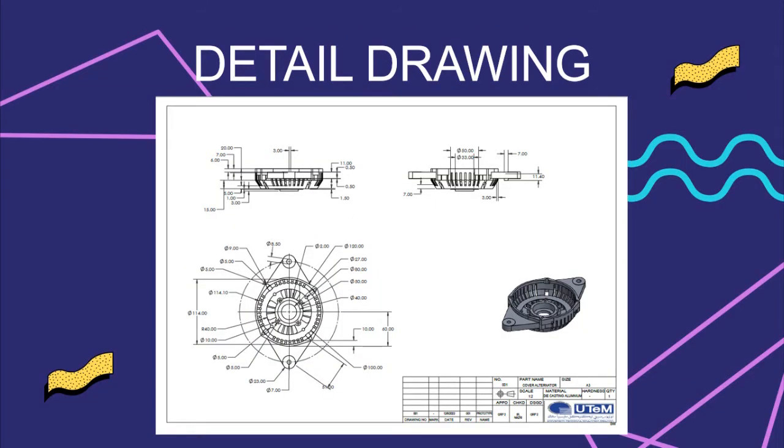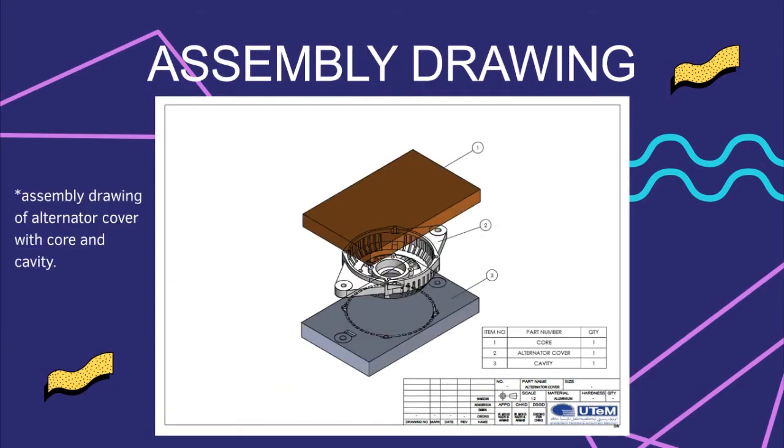These detailed drawings are based on the real part dimensions and scale in the assembly drawing. The first part is the core, the second part is the alternator cover, and the third part is the cavity. The assembly drawing of the alternator cover with the core and cavity.